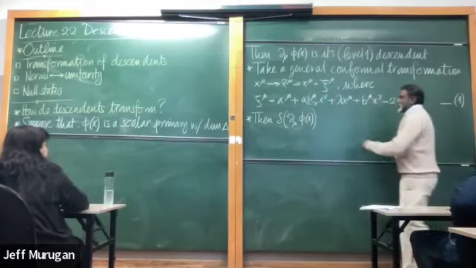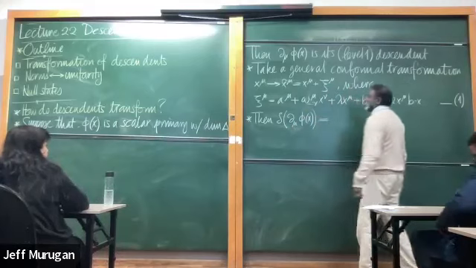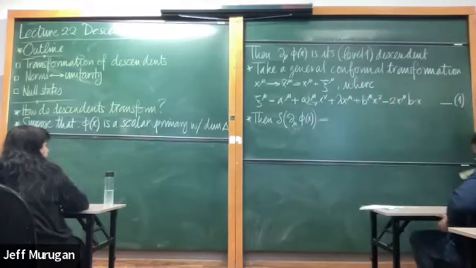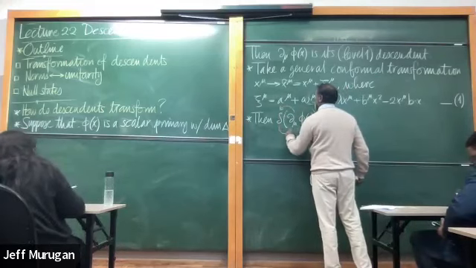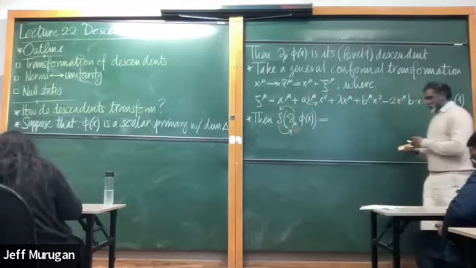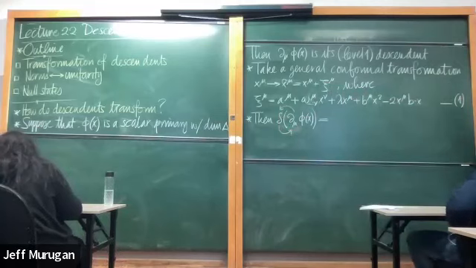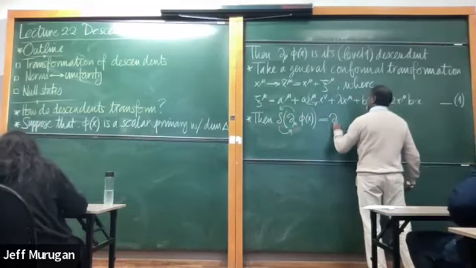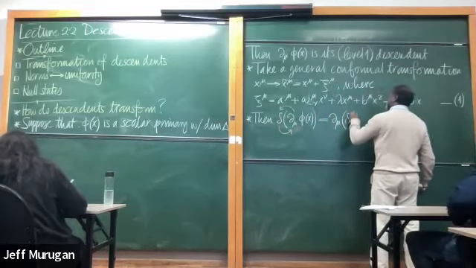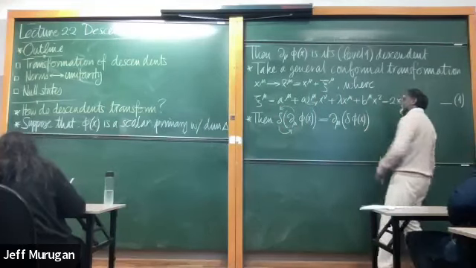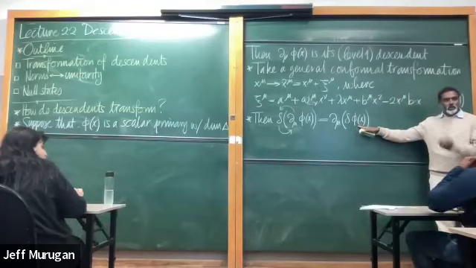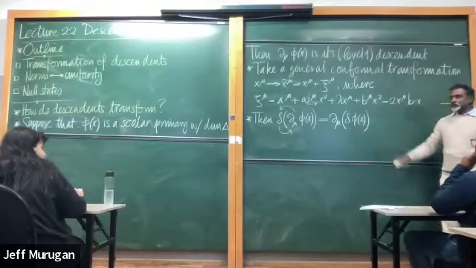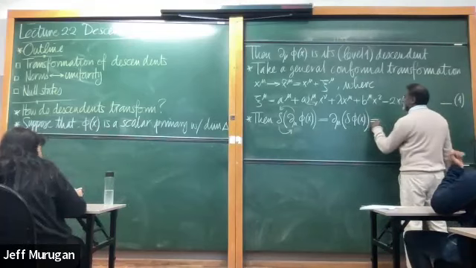And key to working this out is the fact that I can commute the variation with the partial derivative. So this is just d mu of delta phi of x. Phi of x is a primary, and delta phi of x is how that primary transforms under conformal transformation. We know this from the last lecture.